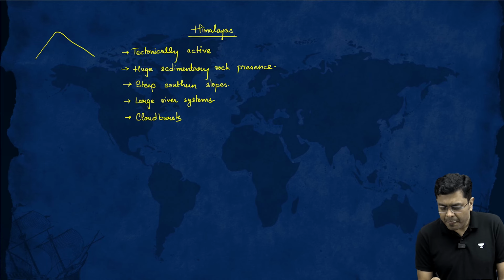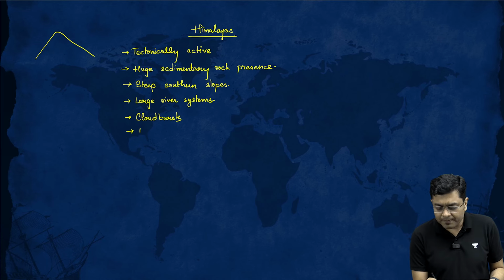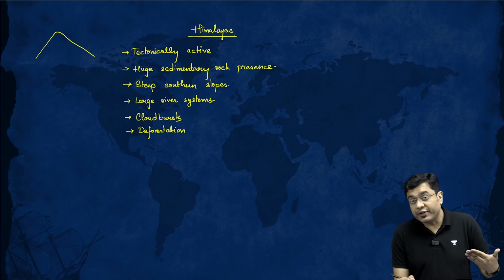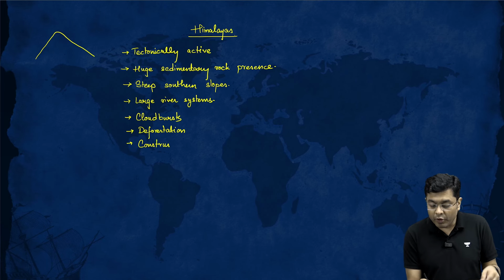Other than that, you also have the factor of deforestation. Deforestation, meaning there is loose soil which is available. Then construction, unsustainable levels of construction.